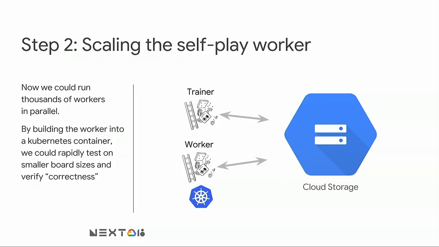And I'm using correctness very loosely because as it turns out, machine learning is very good at finding patterns in your data or patterns in your data that you didn't mean to put there. It's very good at covering up for mistakes that you make. So we saw something get better on our smaller size board that had really glaring, horrible bugs that we wouldn't discover until later, but more on that.